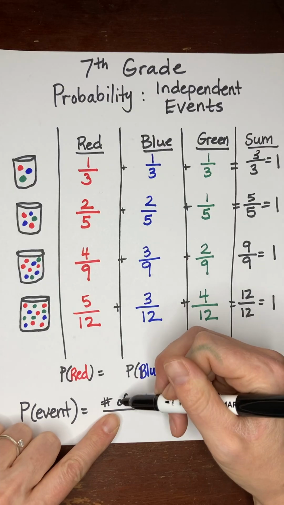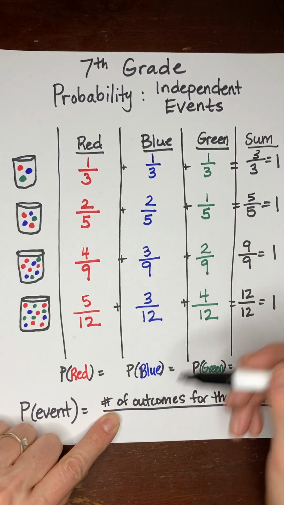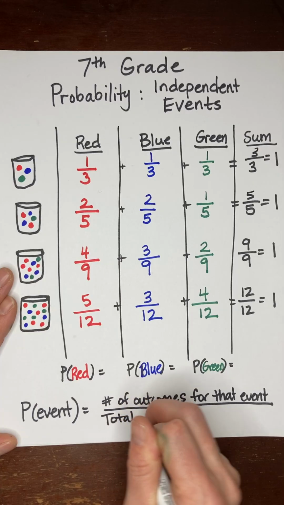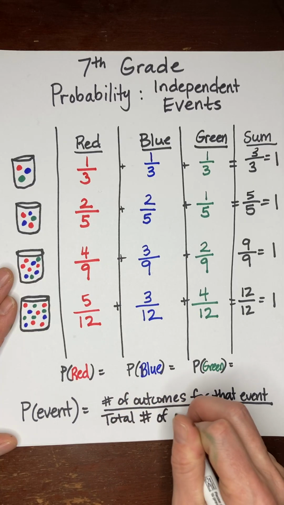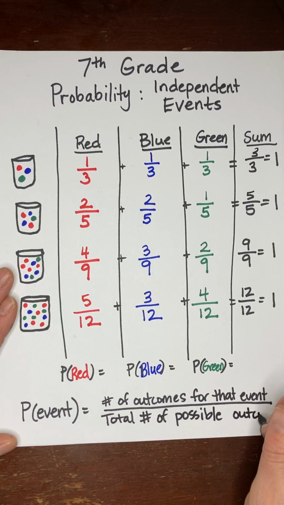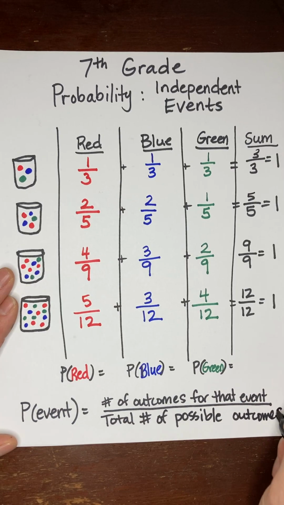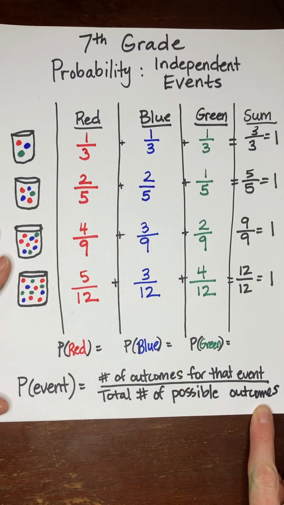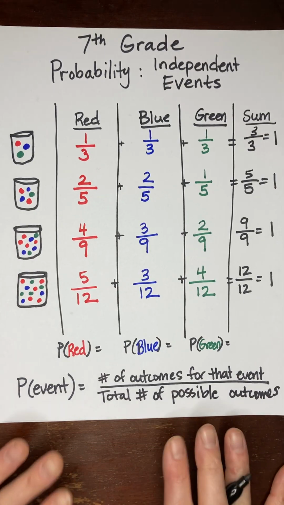So in our case, the number of red marbles, the number of blue marbles, the number of green marbles, and on the bottom we put total number of possible outcomes. Okay, so there's the formula that you're probably going to see in a textbook that we're going to use, and that's all that it means.